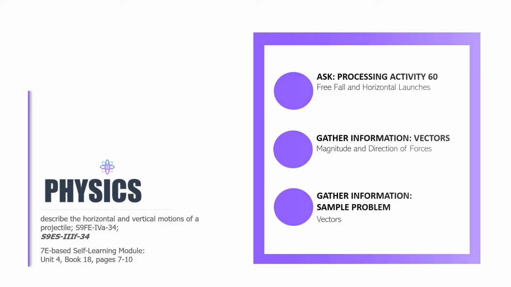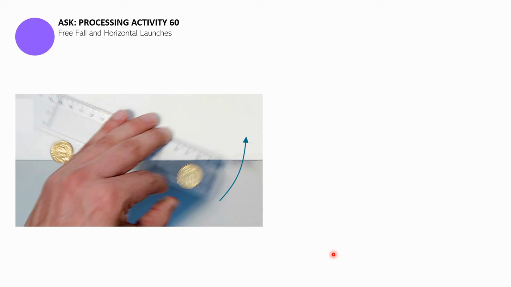Okay, so the first part is ask, on processing activity number 60. And I think that you also did this exact same thing. You put one coin on top of the foot rule that is suspended in air, and then one coin is right here on this side on the table.